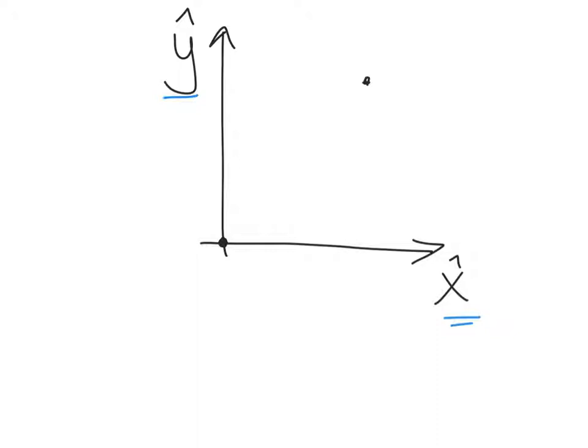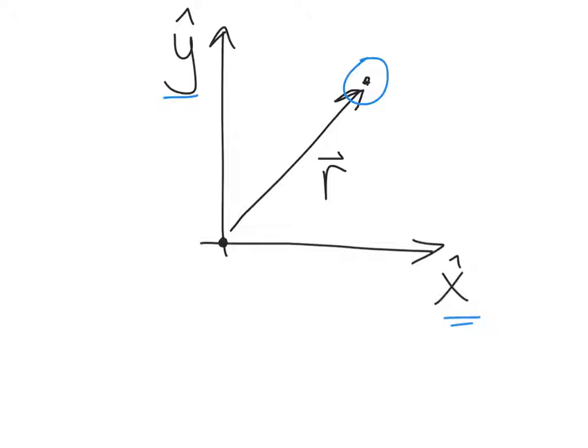We have to choose an origin. And we take a vector and point from the origin to the point of interest. So this is a vector pointing from the origin to the place that we're interested in tracking. This vector having unit length, this vector pointing from the origin to the point in question is the radius vector r hat.